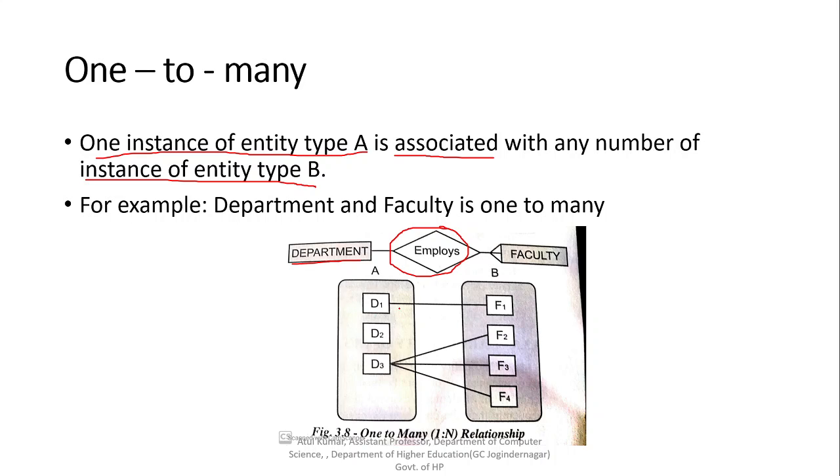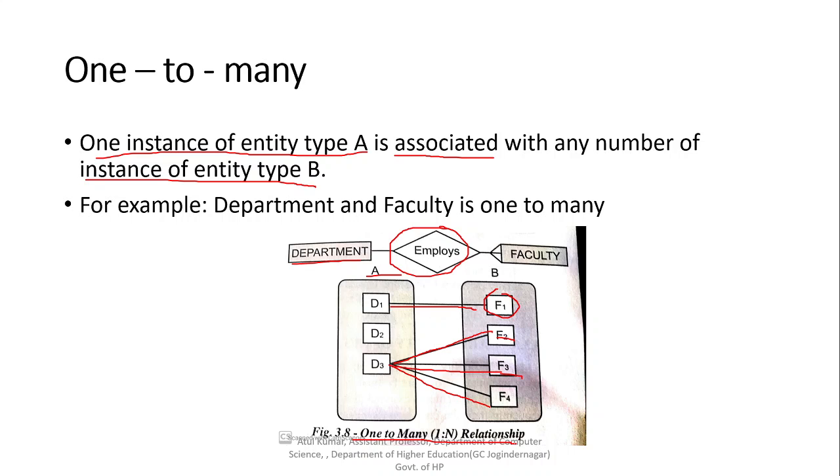Here you can see one instance is associated with many instances of the other entity type faculty. For example, here department D3, an instance of entity type A, is associated with three instances F2, F3 and F4 of the faculty entity.